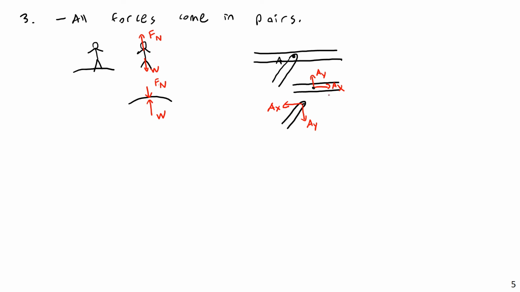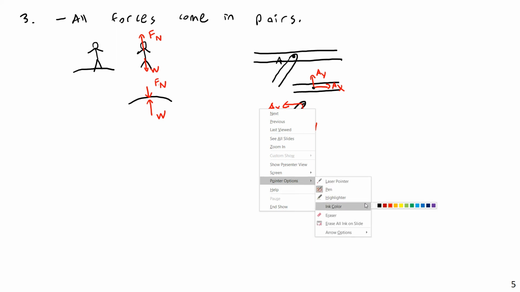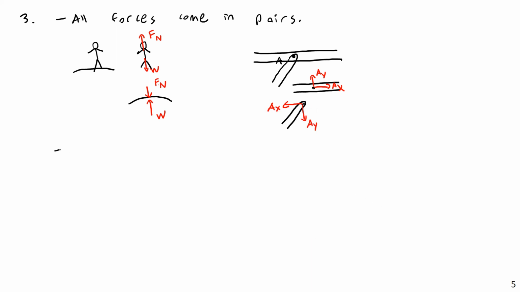If this is a little confusing, don't worry about it. All I am doing is using this as an example for how forces occur in equal and opposite pairs. So one, forces are in pairs, and two, force pairs will be in opposite directions.